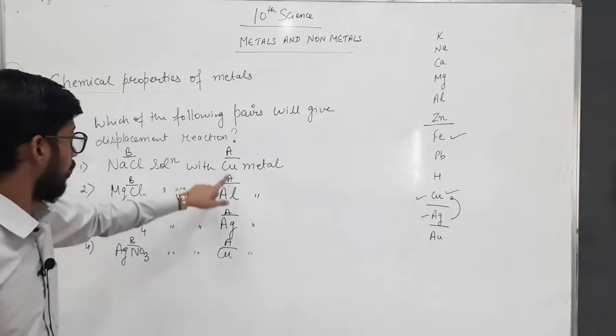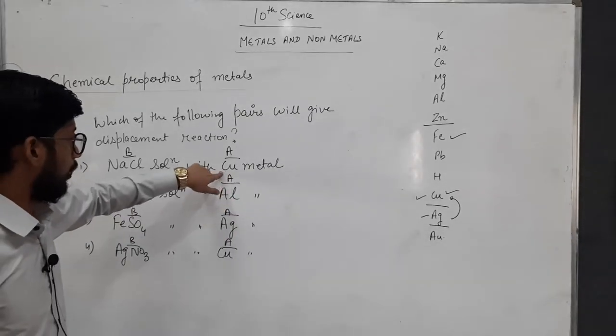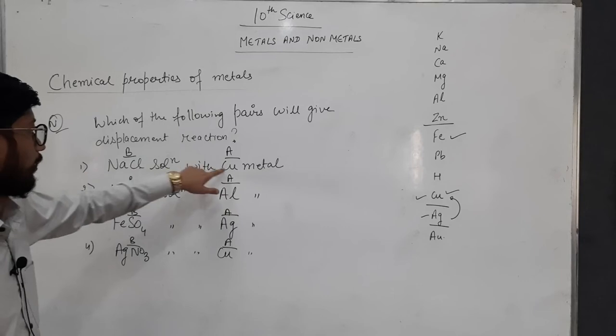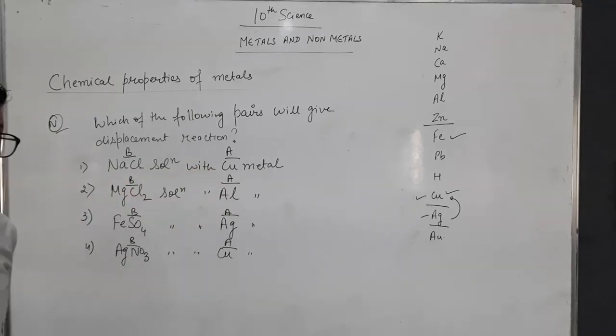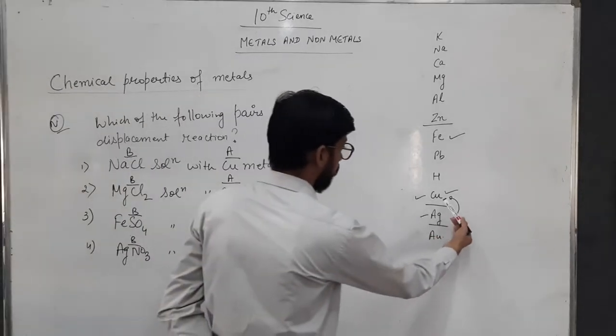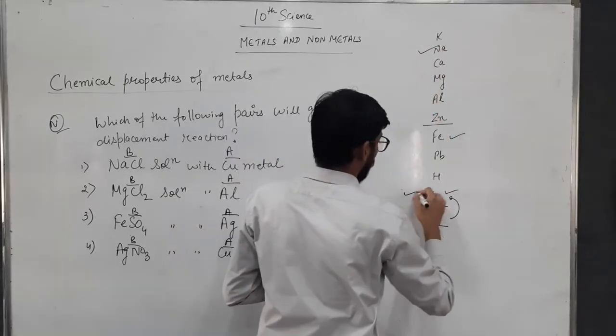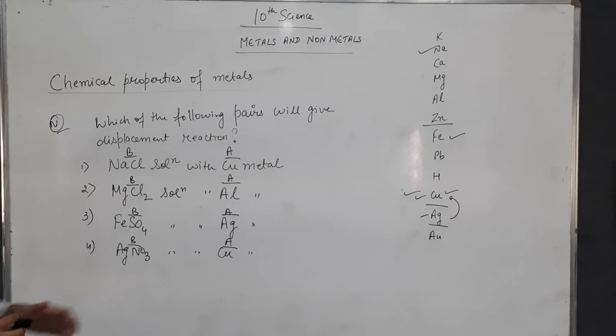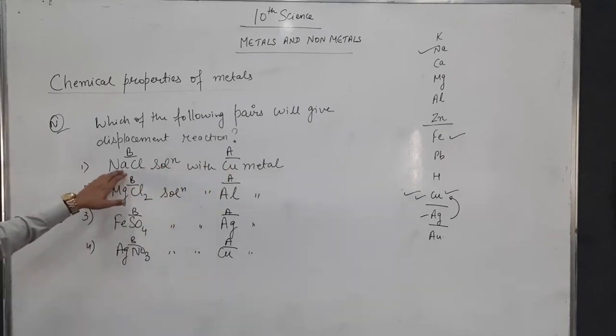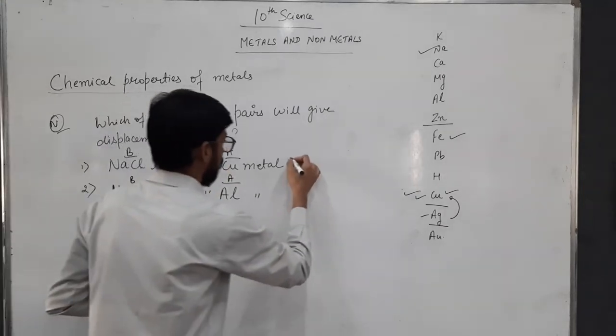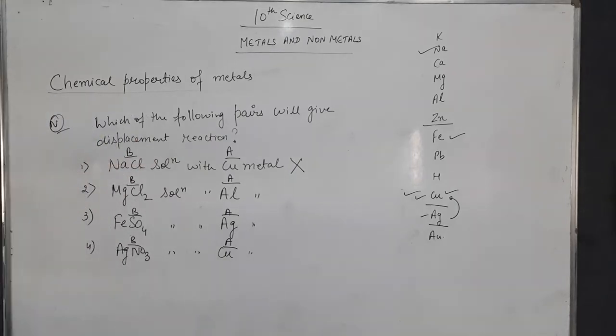So check. Copper has tendency to replace sodium. So see, copper comes here, sodium is here. Since copper is less reactive than sodium, it will not displace, no reaction takes place.